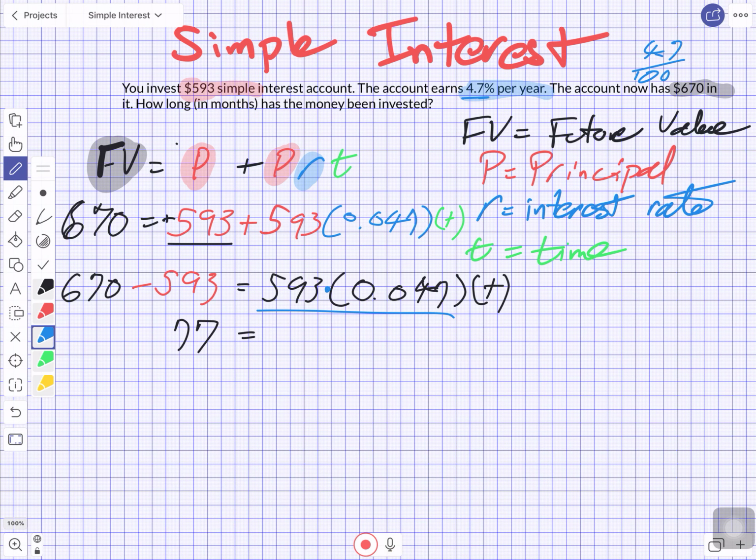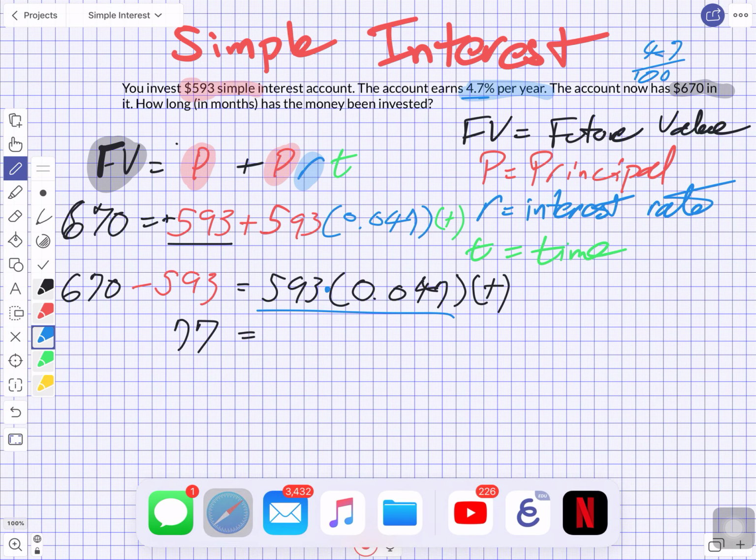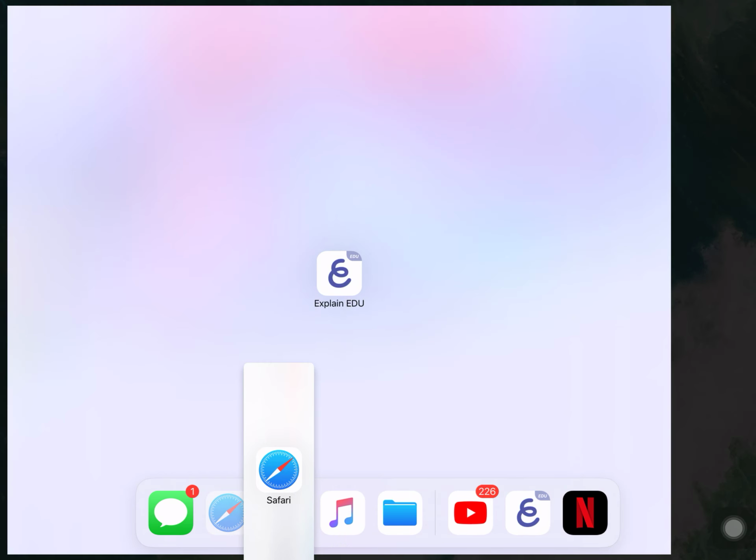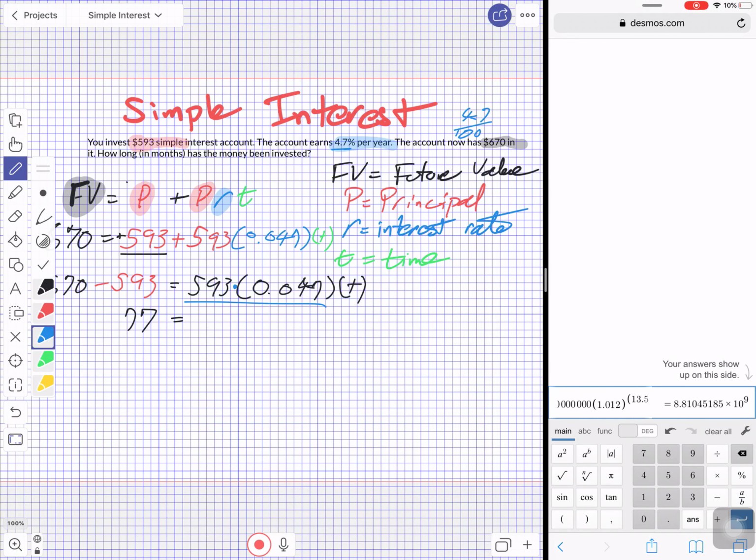The value we need to multiply is 593 multiplied by 0.047, and that says it's 27.871. So we get 27.87, and that's multiplied by T.